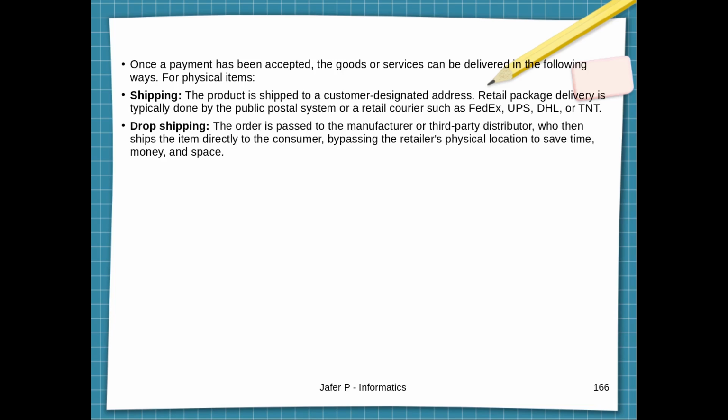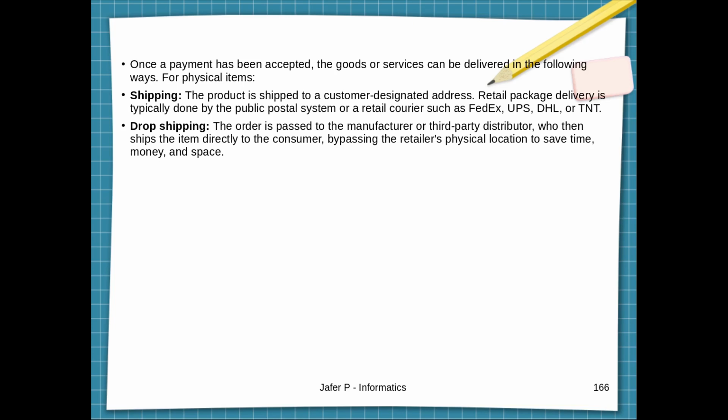Another kind of shipping is drop shipping. The order is passed to the manufacturer or a third-party distributor, who then ships the item directly to the customer, bypassing the retailer's physical location to save time, money and space.